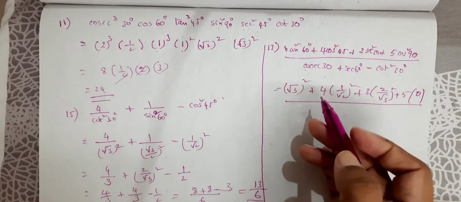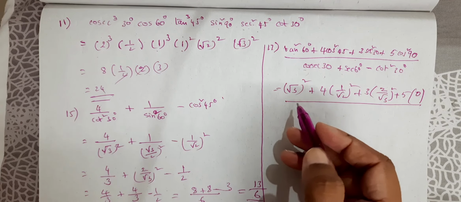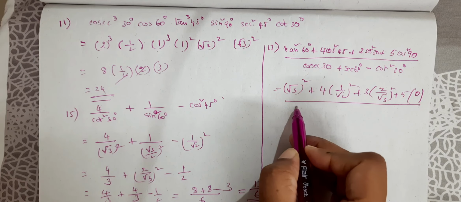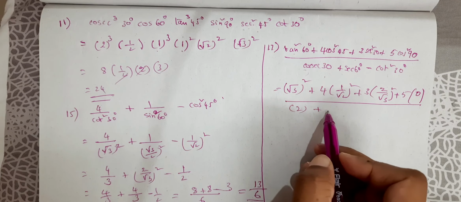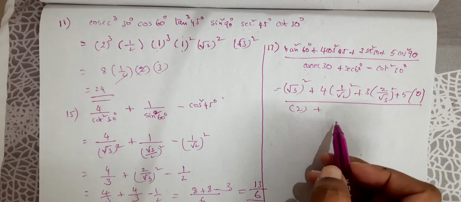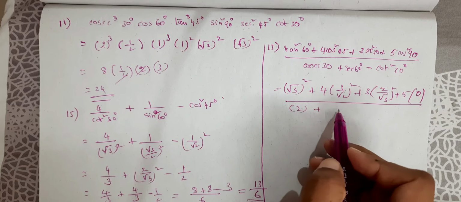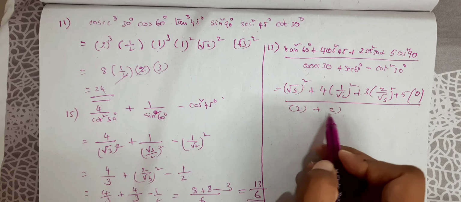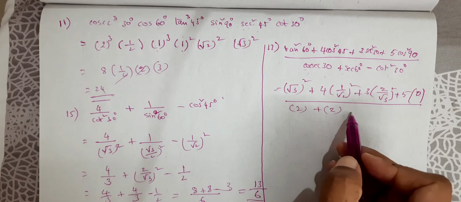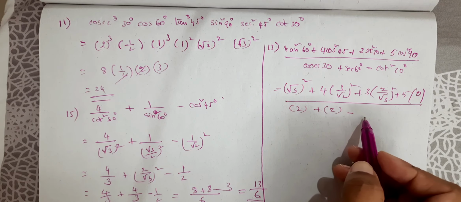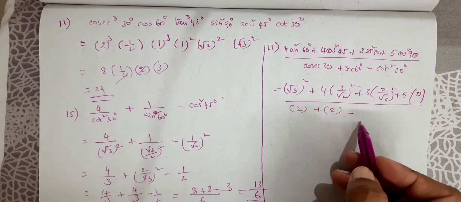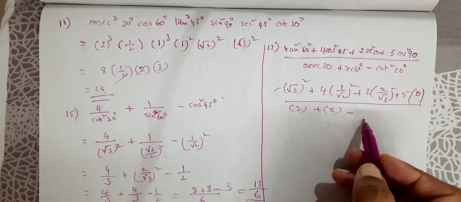Divided by cosecant 30, which is reciprocal of sin 30. Sin 30 is 1 by 2, so therefore it is 2. Plus secant 60 is reciprocal of cos 60. Cos 60 is 1 by 2. Again the reciprocal is 2. Minus cot square 30, or cot 30 whole square.